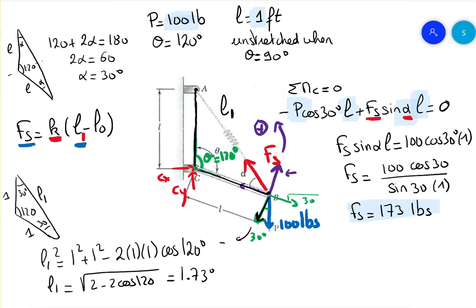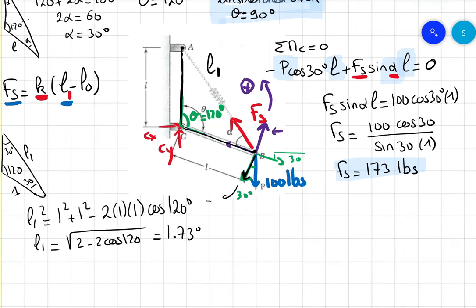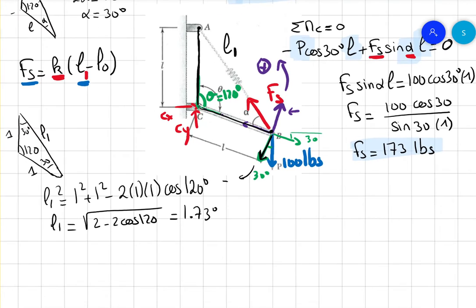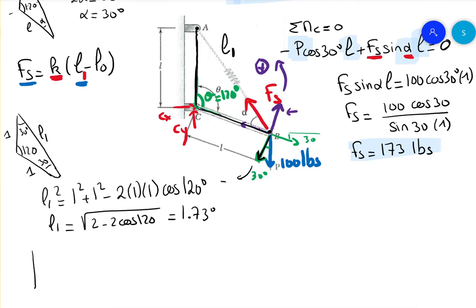L naught, the information that we didn't use yet is this one. We know that the spring is unstretched when theta equals 90 degrees. So that means that we have this little triangle, and this one is L naught, 1, 1, and 90 degrees.